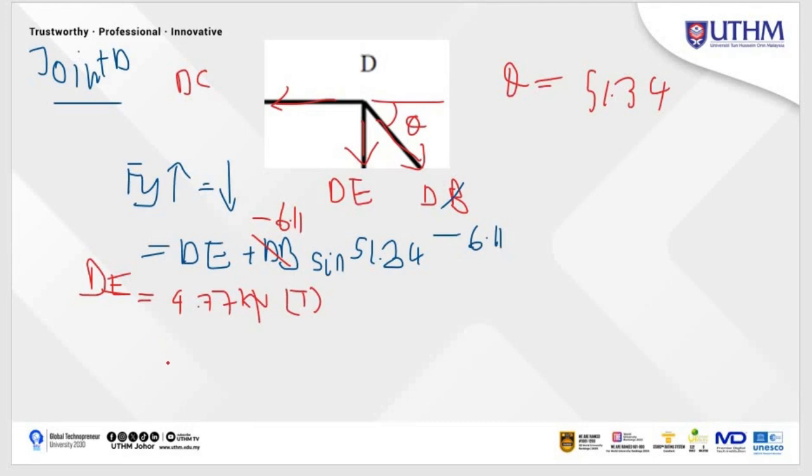How about DC? We haven't found DC yet, so we choose the other, Fx. Left equals the right. So here we have DB cos 51.34, and then equals DC.